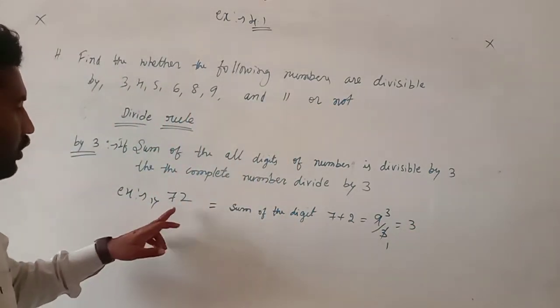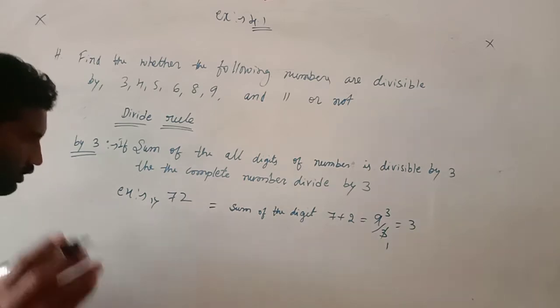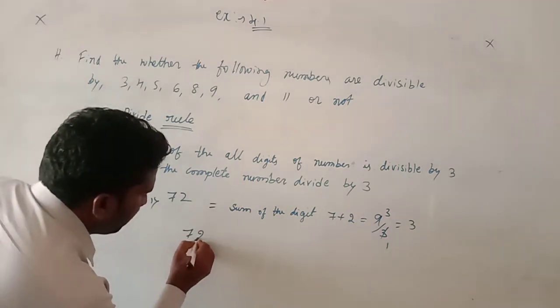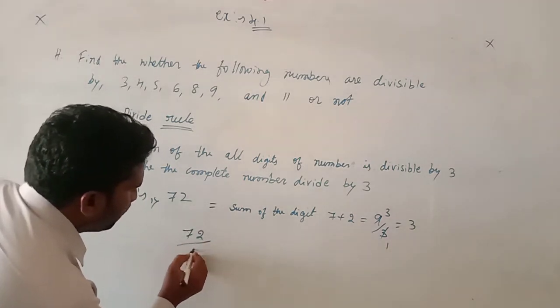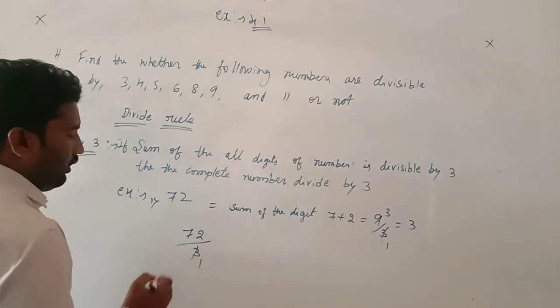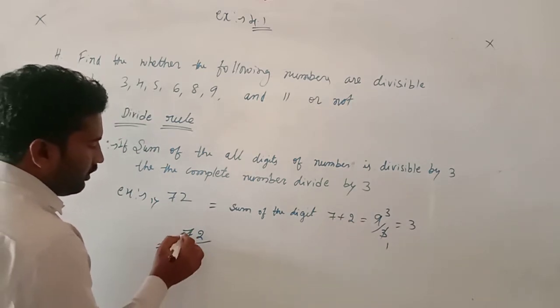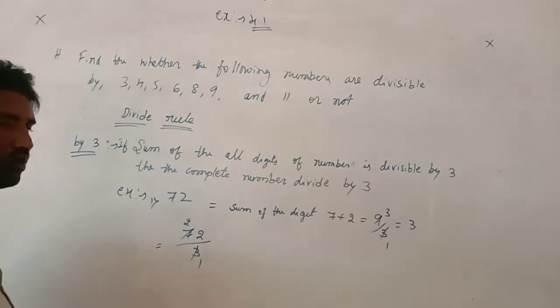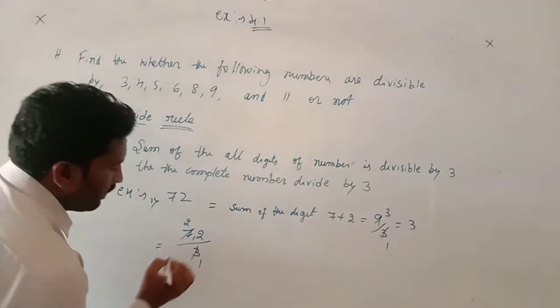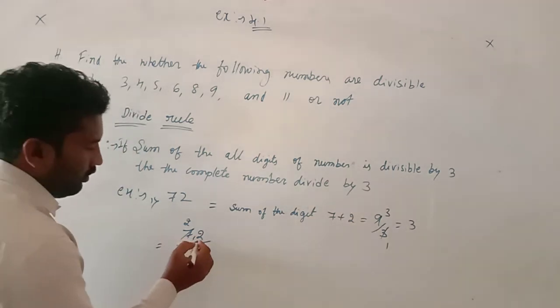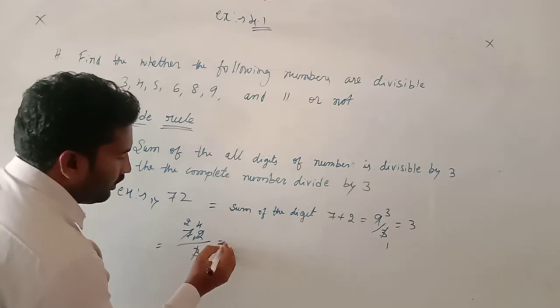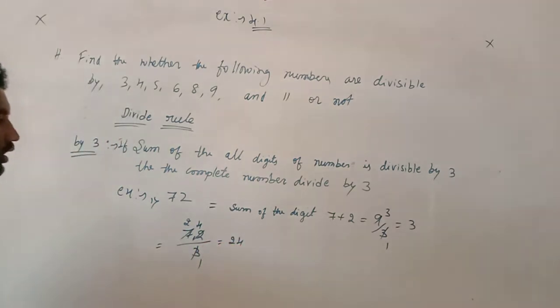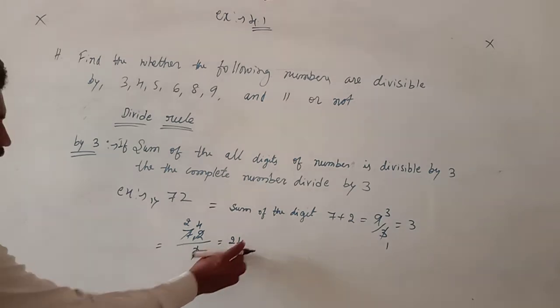So it means 72 can also be divided by 3. See here: 72 divided by 3 gives 24.